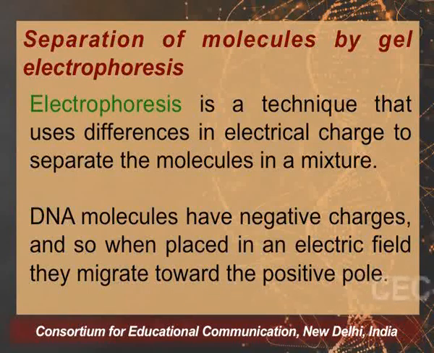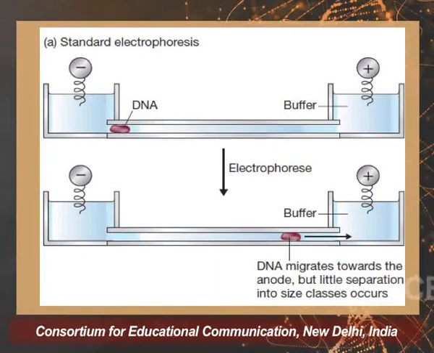Now, as we all know, DNA molecules have negative charge, and so when they are placed in the electric field, they migrate forward to the positive pole. So, again you can see here, it is such a kind of setup. We will go in detail about the setup of this particular thing, but as far as the electrophoresis is concerned, you can see that there are 2 electrodes and at one end the DNA is loaded in a well.